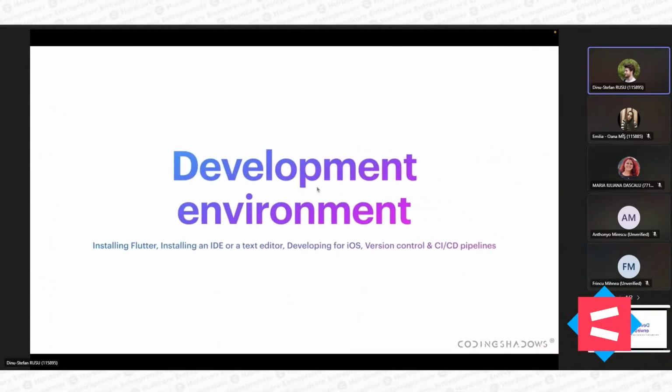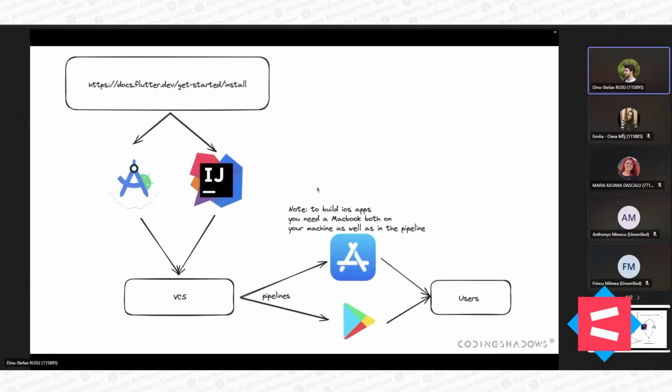Okay, so how does the development environment look like for Flutter? I think you have seen yesterday for a native Android application. Let's take a quick look at this schema for Flutter. We have to install Flutter. You have the link there: docs.flutter.dev/get-started/install. Then you can use the IDE of your choice.